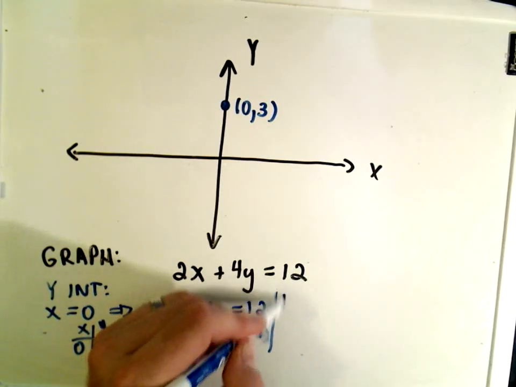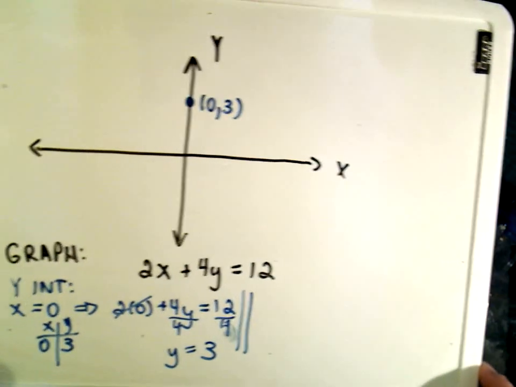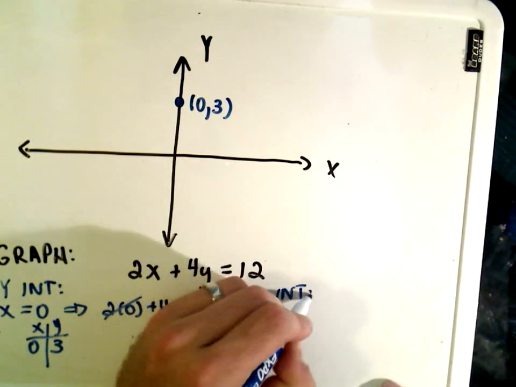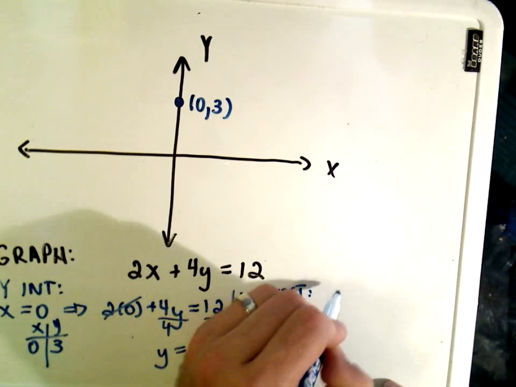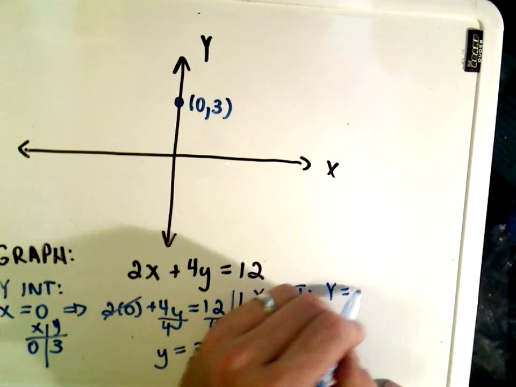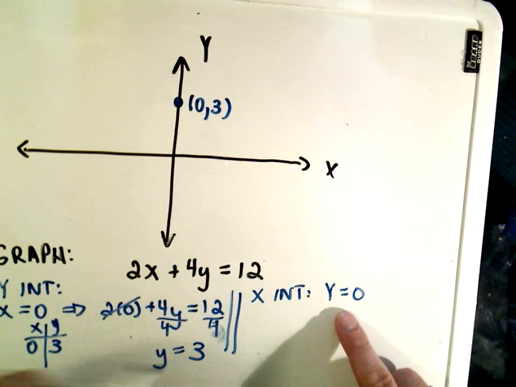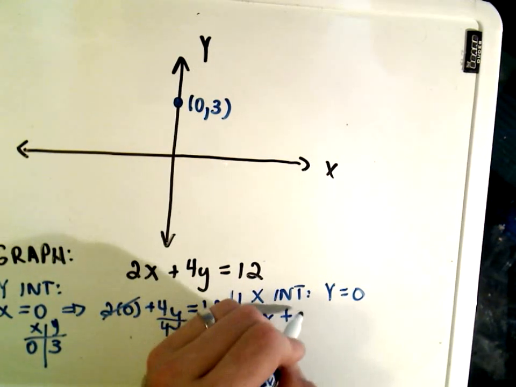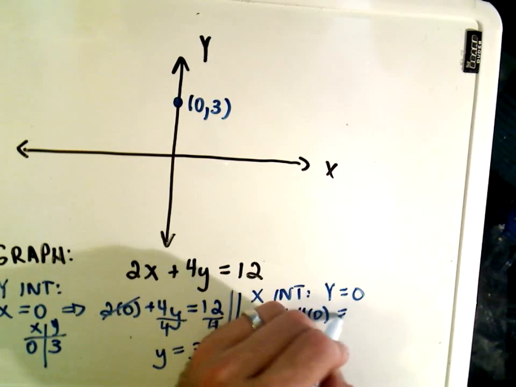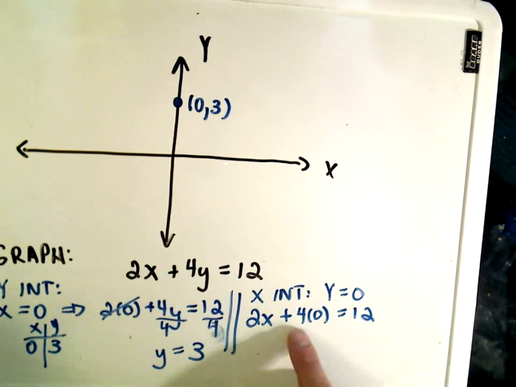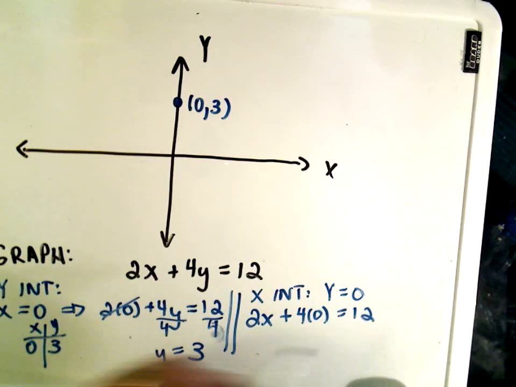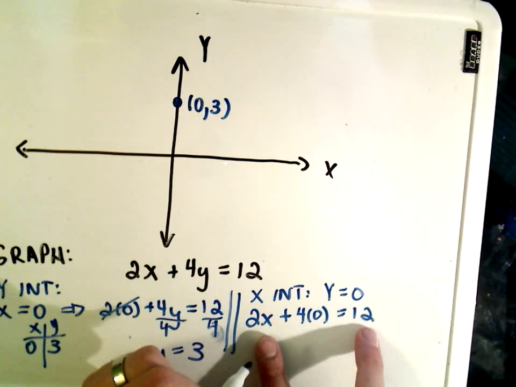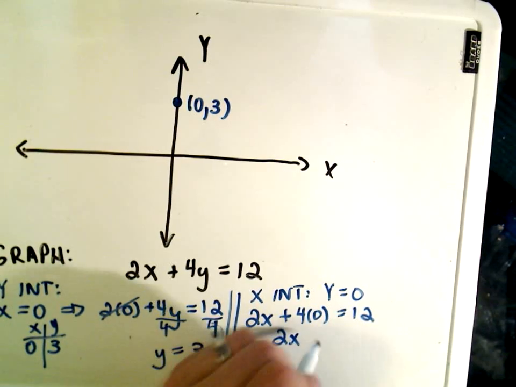Now we'll find the x-intercept by substituting in a y value of 0. I get 2x plus 4 times 0 equals 12. 4 times 0 is 0. This is the point of plugging in x equals 0 or y equals 0: it reduces to an equation with just one variable.